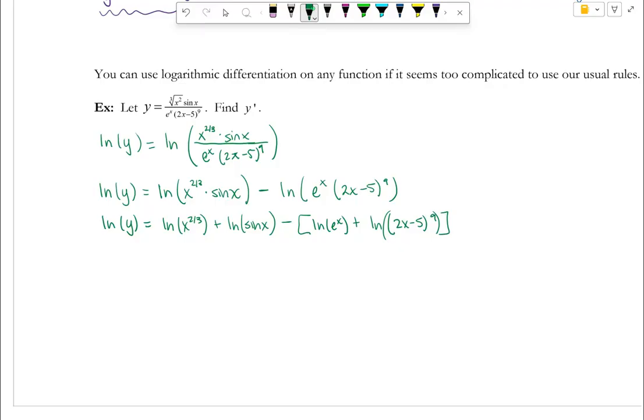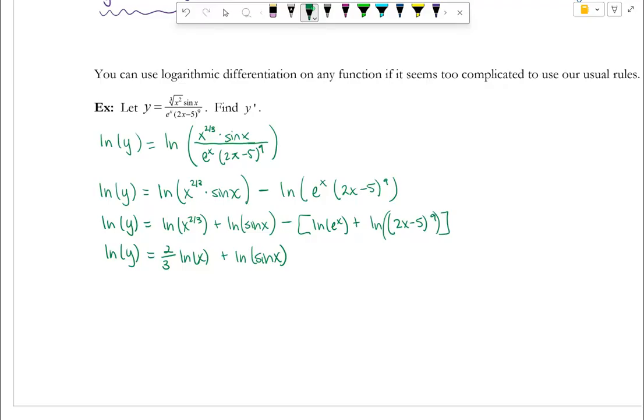All right, so lastly, I'm going to rewrite this one more time, and notice that of the things we just wrote, 3 of those terms have an exponent. So we could use that property one more time to simplify this a little bit. So this becomes the natural log of y equals, I could think of this as 2/3 times the natural log of x plus the natural log of the sine of x.